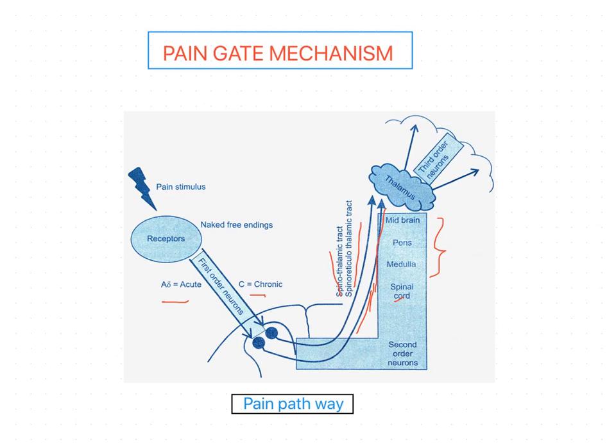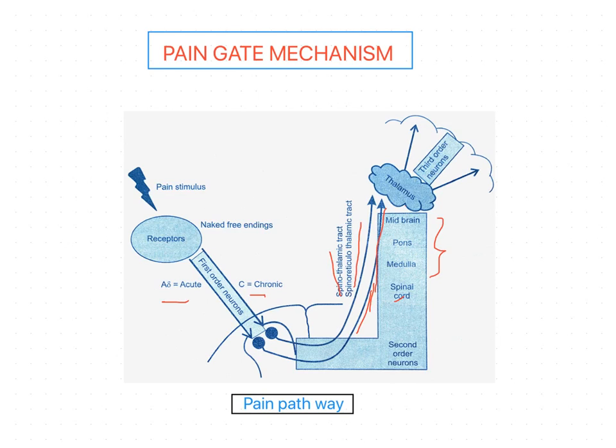From the thalamus, the third order neuron starts and finally ends in the primary sensory cortex areas, that is 3, 1 and 2. So this is the pain pathway.